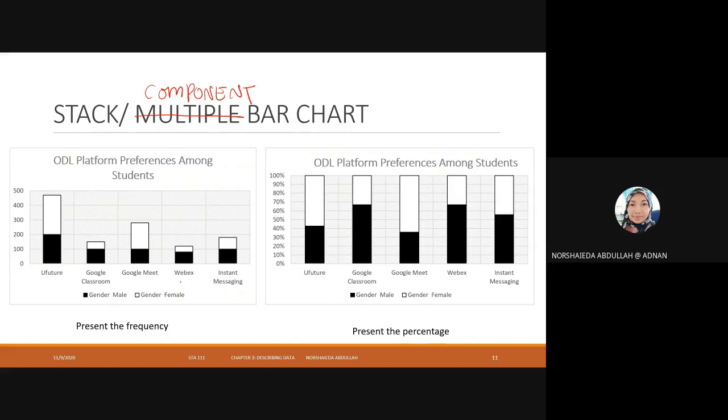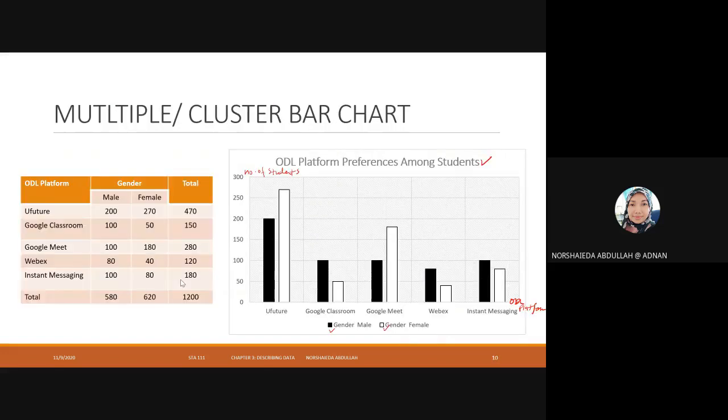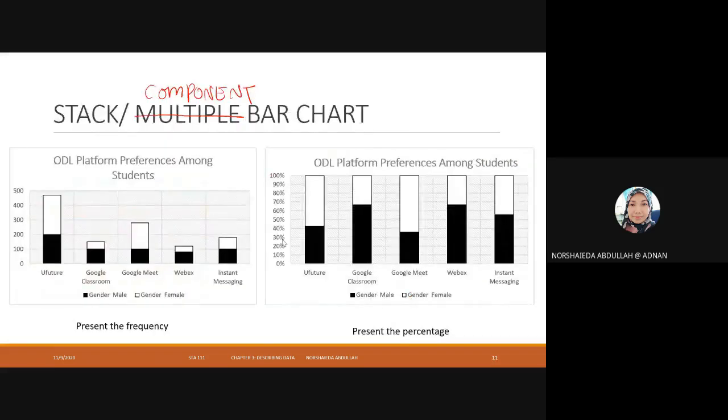Okay, so kalau multiple bar chart tadi, the subcategory or the sub variable tu, bar dia kita letak dekat sebelah. Okay, so ini multiple or cluster bar chart. Untuk stack bar chart, the sub variable or the subcategory tu kita letak dekat atas, kita stack dekat atas the another bar. Okay, so it become a stack bar chart lah.